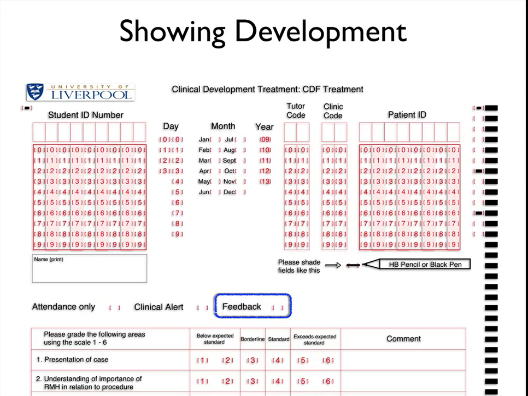Now on the form, originally we had the term feedback. The whole of this system is about feedback. It is about observation with feedback. The problem was, in 2009, that I found a lot of our students didn't really understand what feedback was. Feedback was telling them they were doing well. Feedback was telling them that it didn't matter, it was okay.